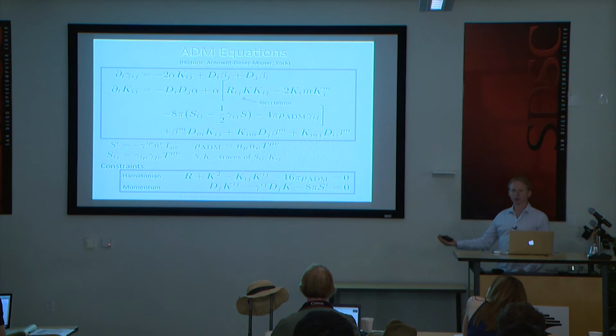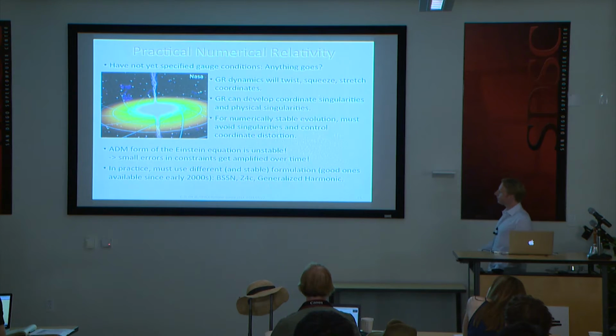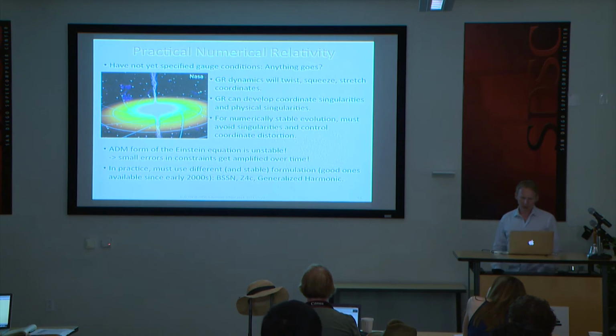They could damp out oscillations. They could damp out constraint violations. And so the field did this. And in the early 2000s, we came up with a set of different evolution systems that I won't talk more about. I'll give references at the end of the lecture that you can go and read more about.